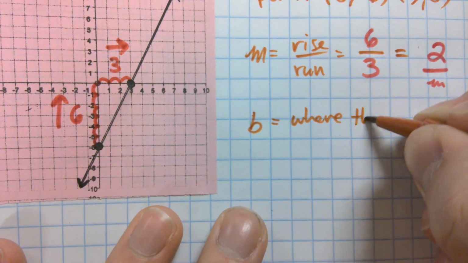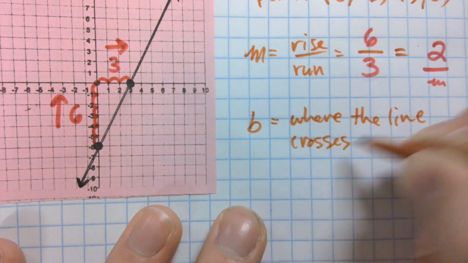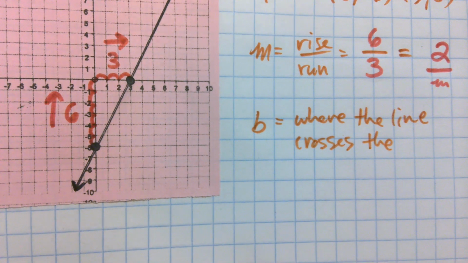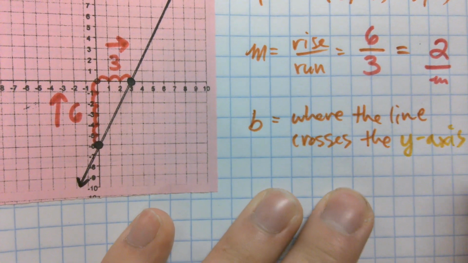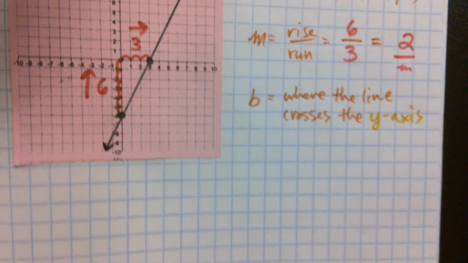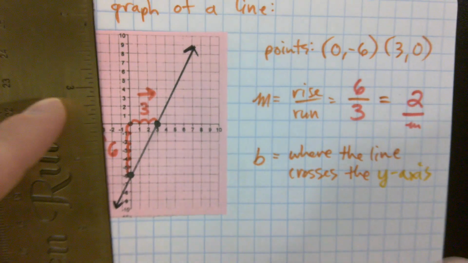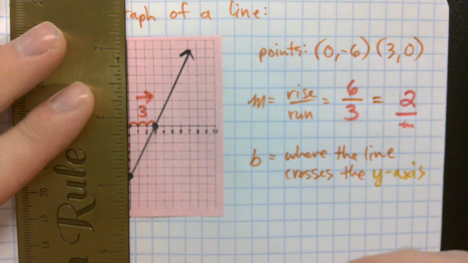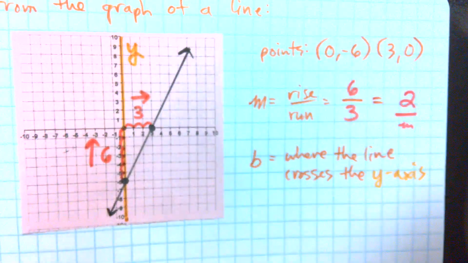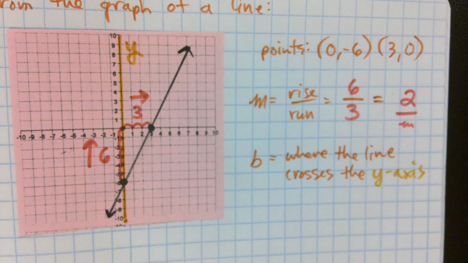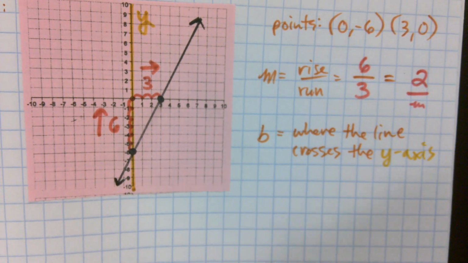Now B is where the line crosses the y-axis. My y-axis is of course going to be this vertical axis here. And where does that line cross that yellow y-axis?